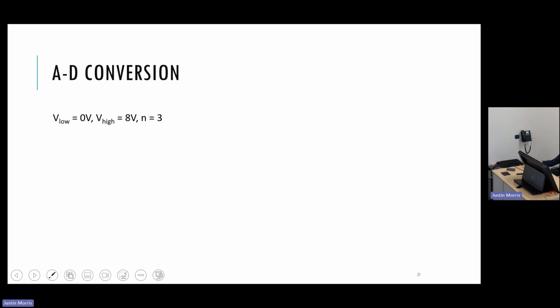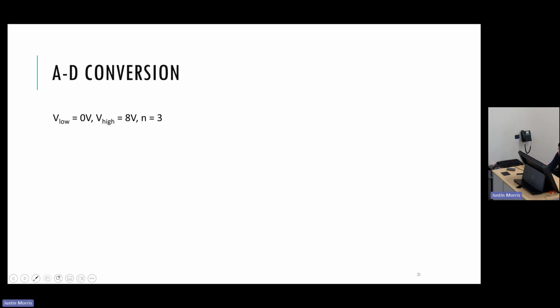So here is an example of analog to digital conversion. Our lowest voltage is 0. Our highest is 8. And then n is 3. That means that we have 3 bits to represent this analog to digital conversion.